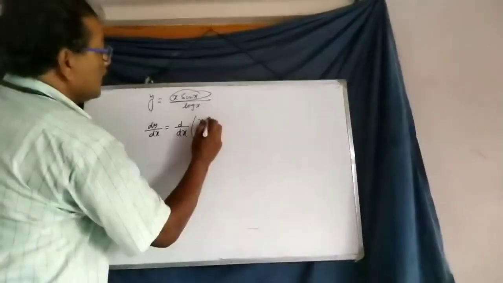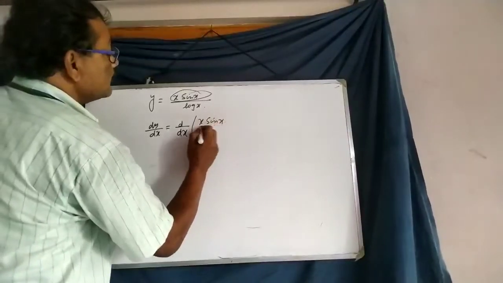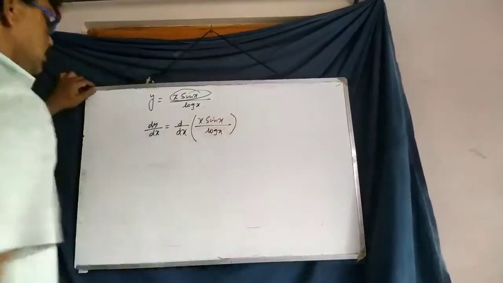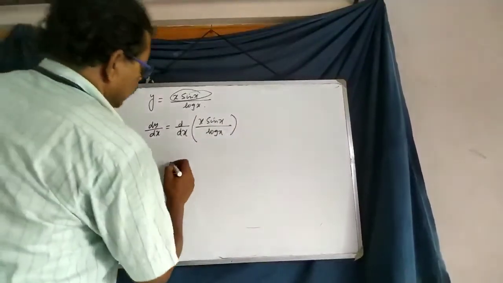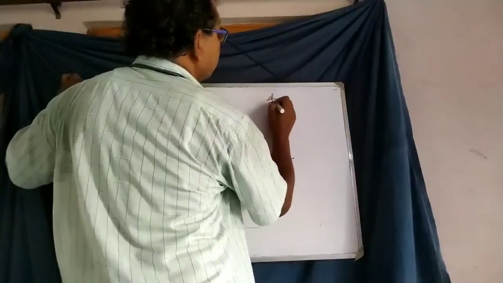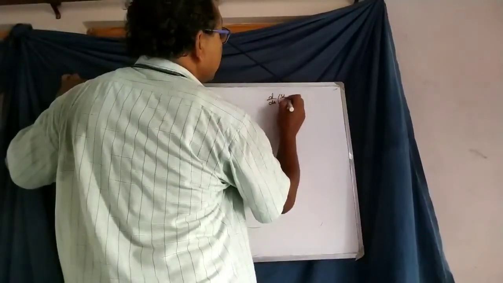We get dy/dx is equal to d/dx of x sin x by log x. Now we will apply the formula for d/dx of u by v.